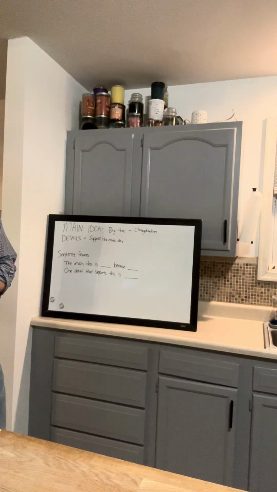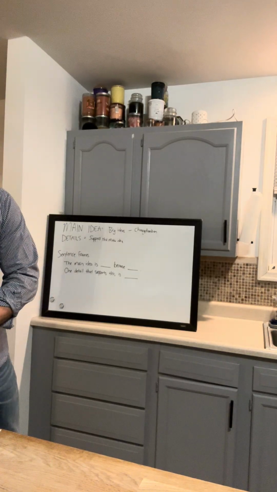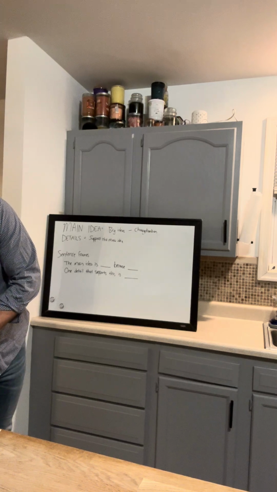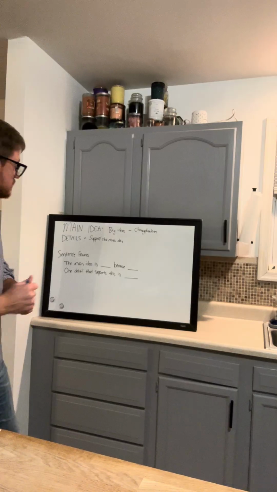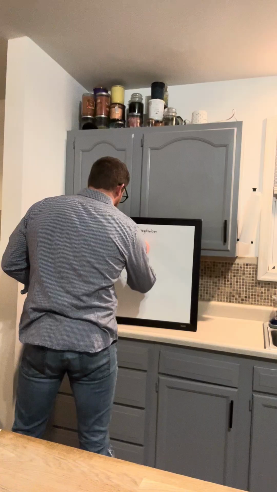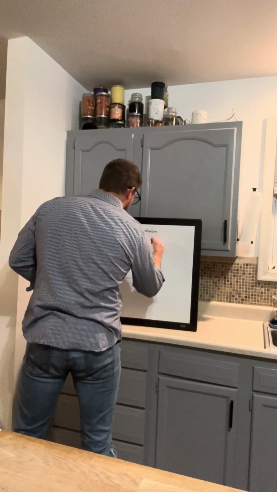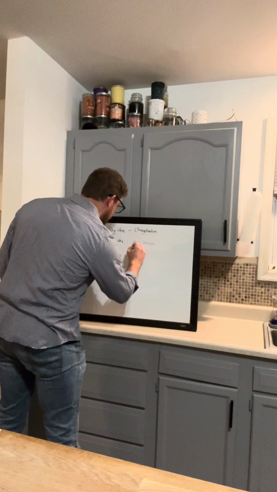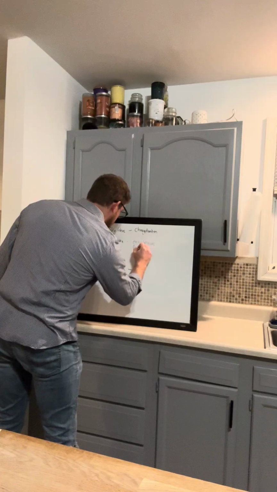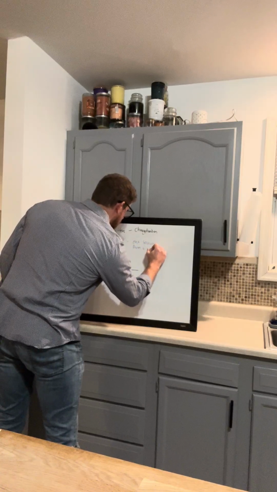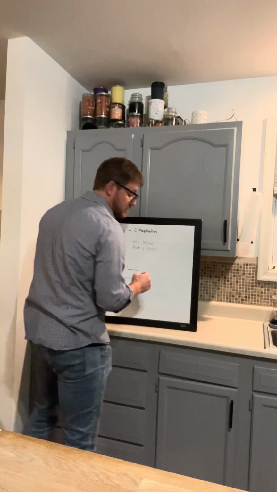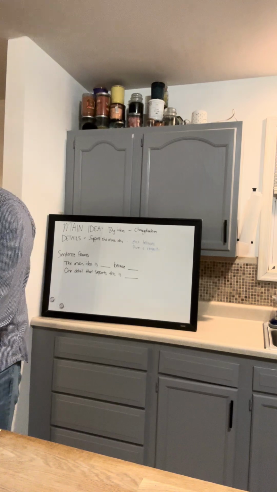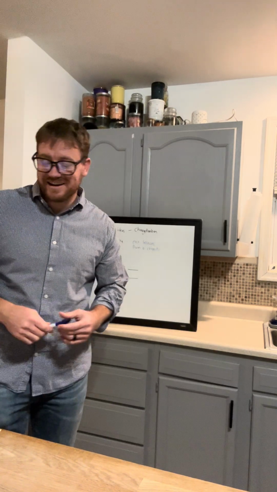So I'm going to write main idea up here: caterpillar changes, and then two supporting details, in blue: eating leaves and forming chrysalis. Excellent. Good job. I'll write the details under it because the visuals help us to stay organized.